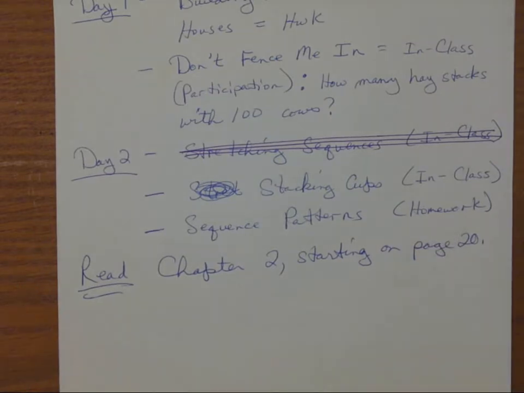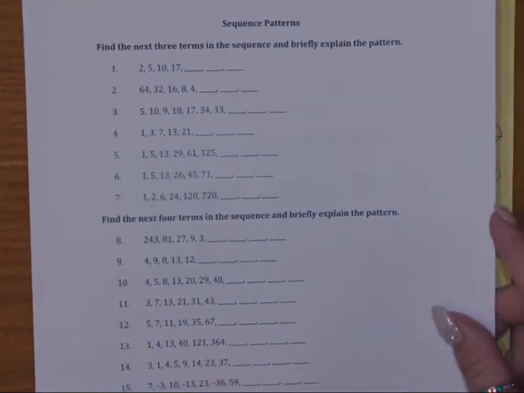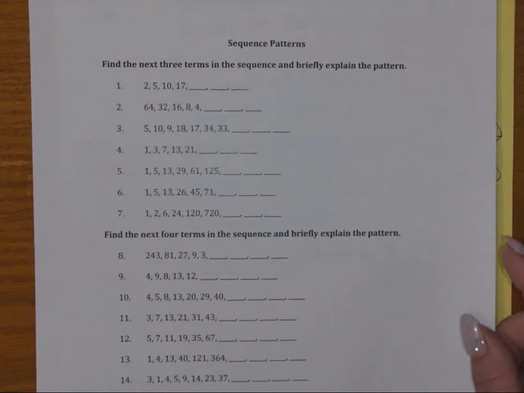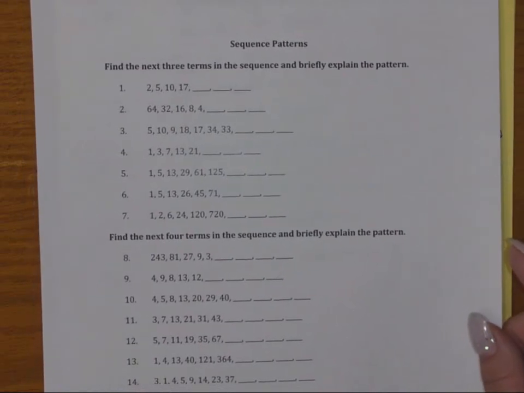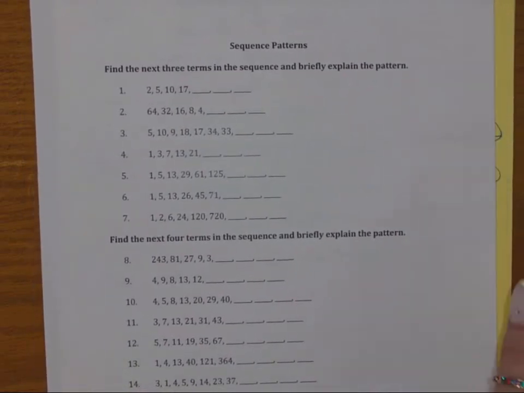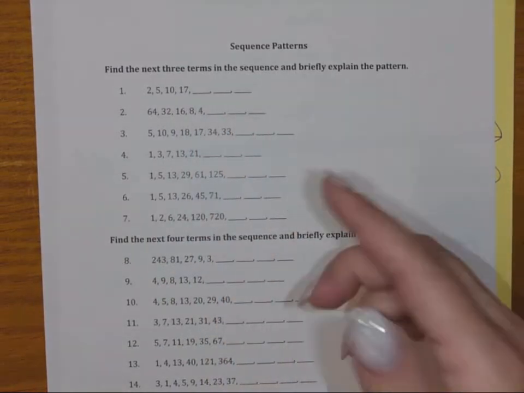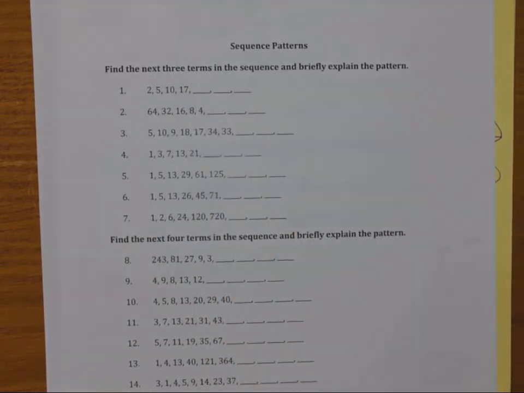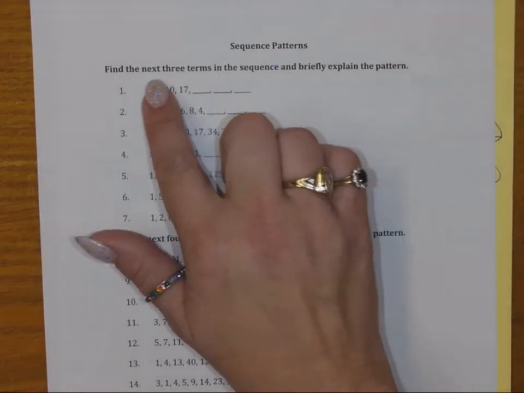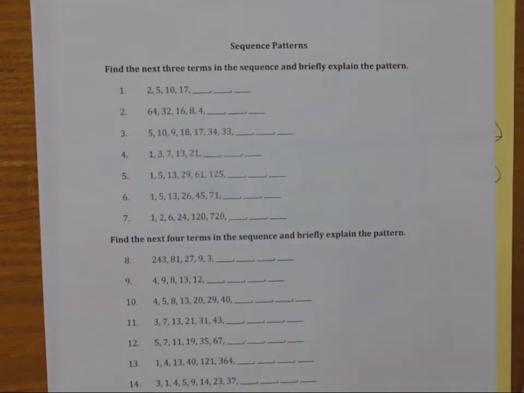So let me show you the sequence patterns. It looks exactly like this. And you're literally just filling in the patterns for the next 3, okay? Please write this out on your own paper because you're going to need more space. It doesn't just say find the next 3 terms in the sequence.